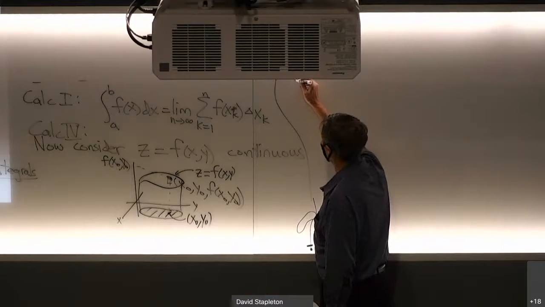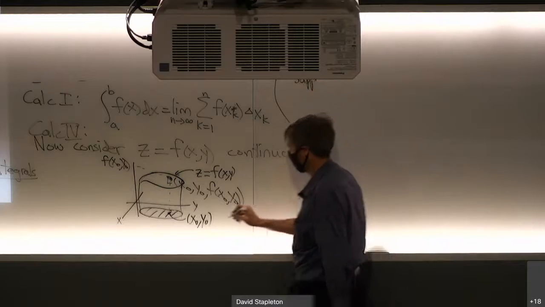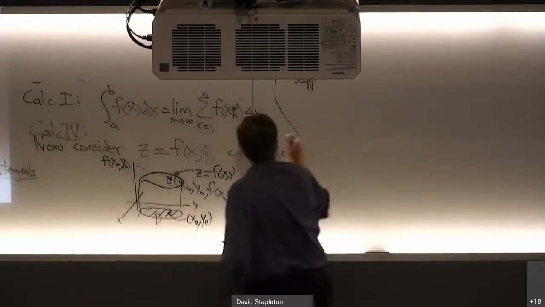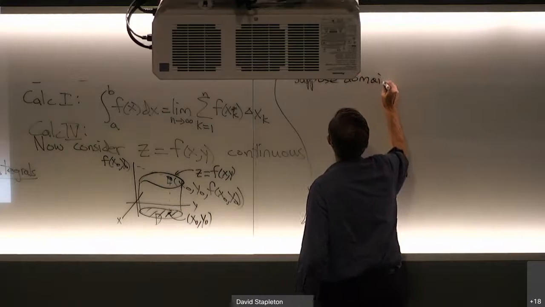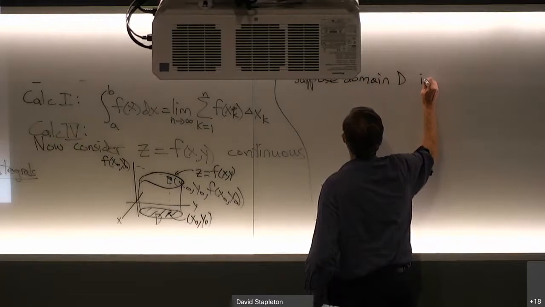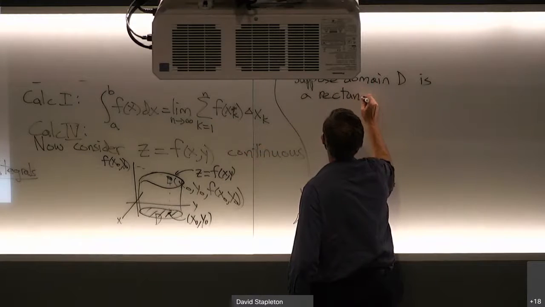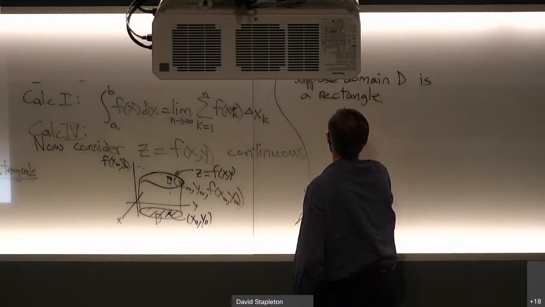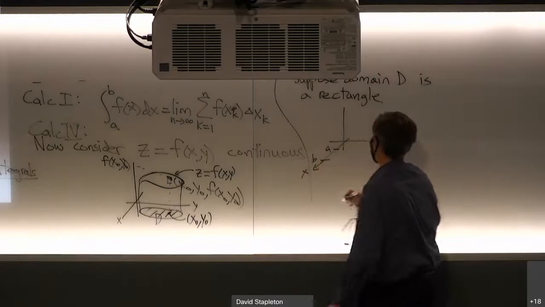What we do now is suppose this domain D, let's call it, is a rectangle, the simplest case. Each axis has a closed interval. So x goes from A to B, just like in the calculus 1 picture. There's the x-axis coming out of the board.